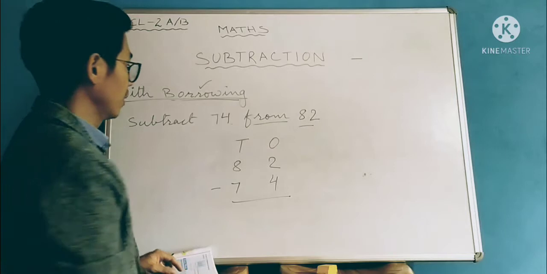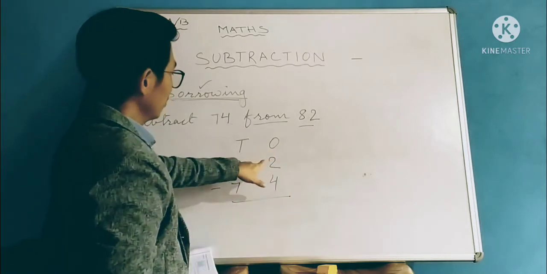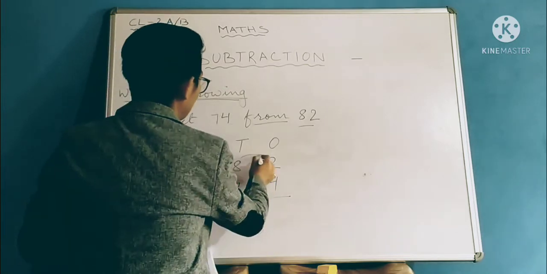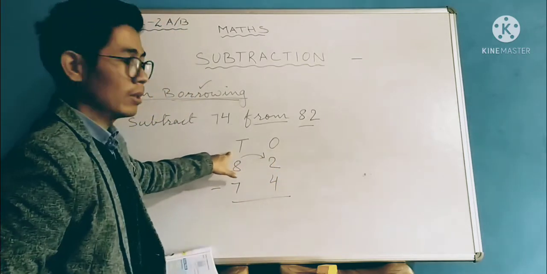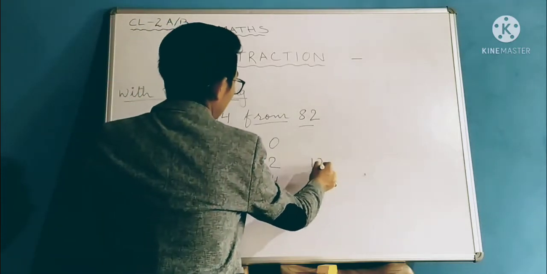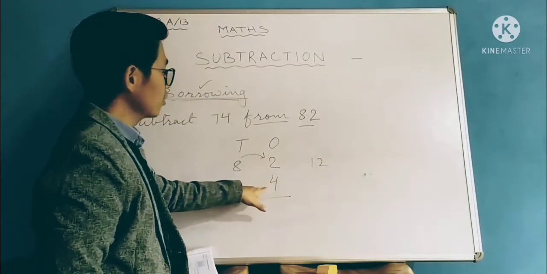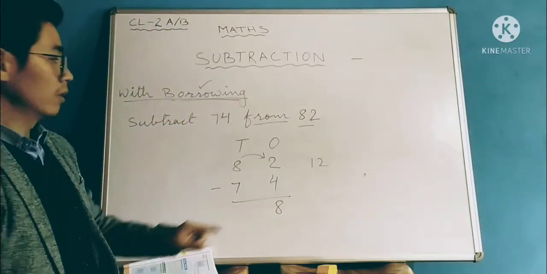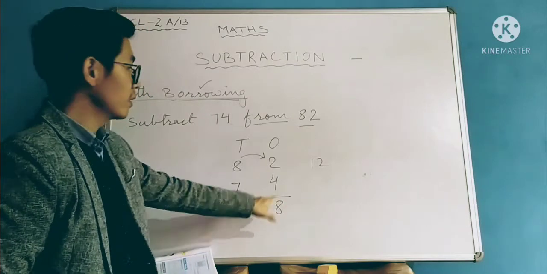Now let's subtract. It's not possible to subtract 4 from 2, right? So you need to borrow a number from tens place, 8. Now it will be 12. Now 12 minus 4 is 8.